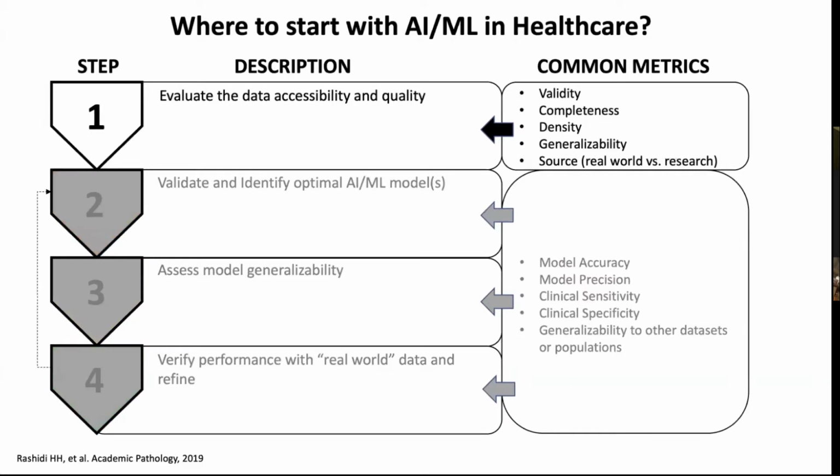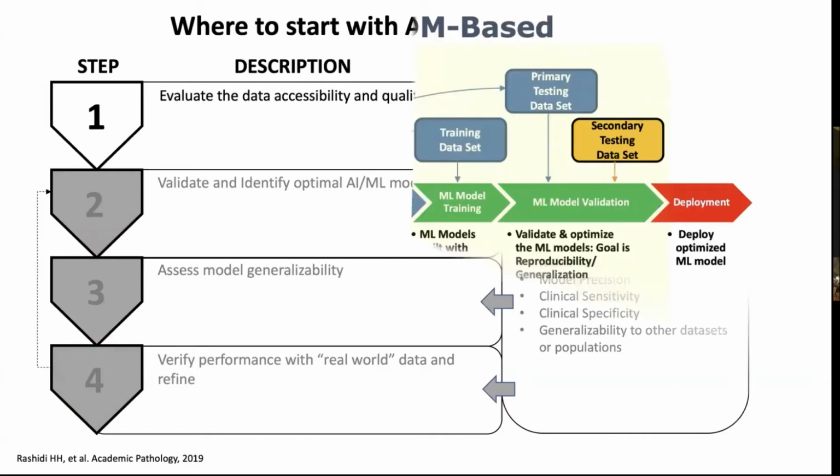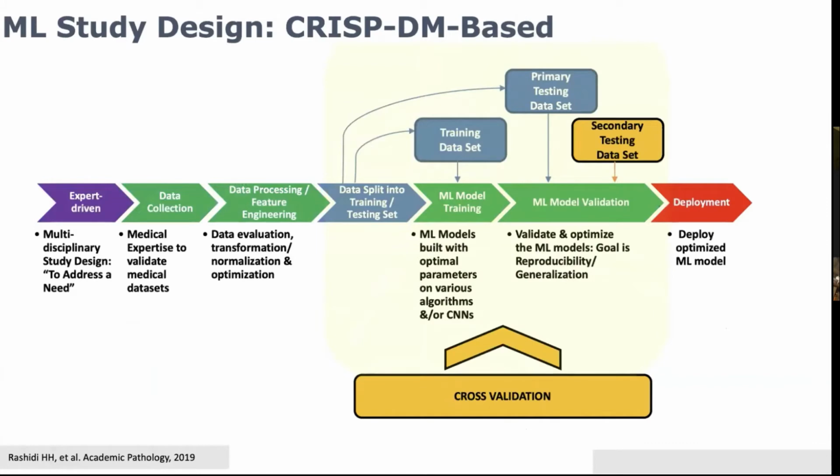You want to initially have good data: evaluate the accessibility and the quality of the data, make sure it's as complete as possible, and make sure the data is reproducible or generalizable once you put in unknowns, so it actually matches real world conditions. But obviously, a lot of times you may have to start with research material that then gets conveyed into real world material. Exactly what does that mean within the classic gold standard study design approach?